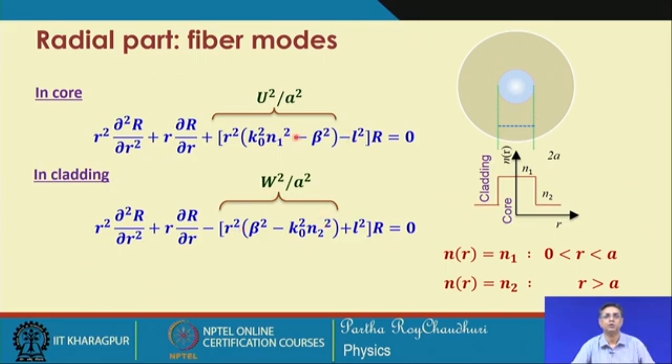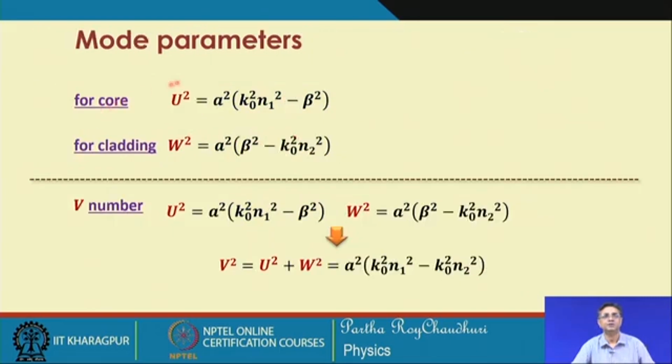Right. If you add these two, w square plus u square will yield this quantity which does not involve beta, which is independent of beta, and it defines this V number, a very important parameter for an optical fiber.